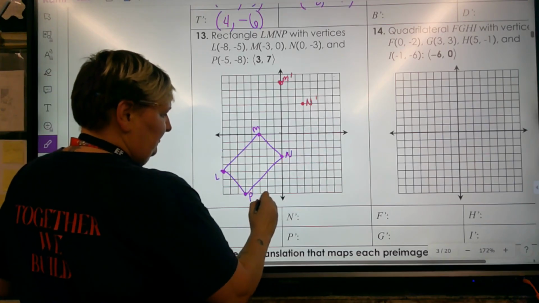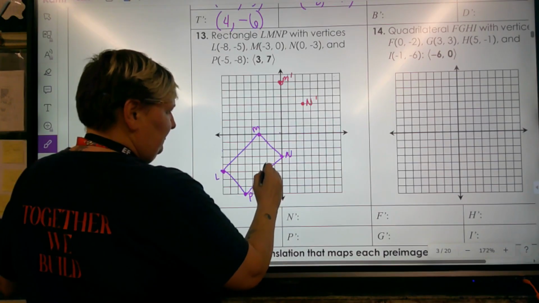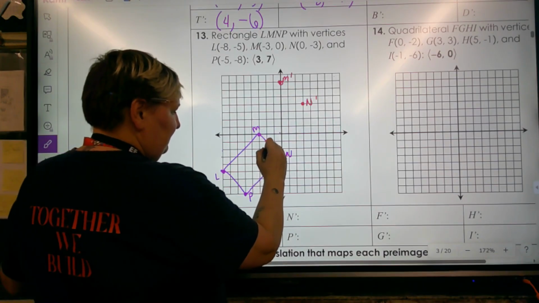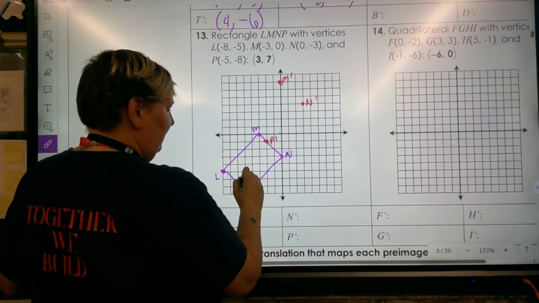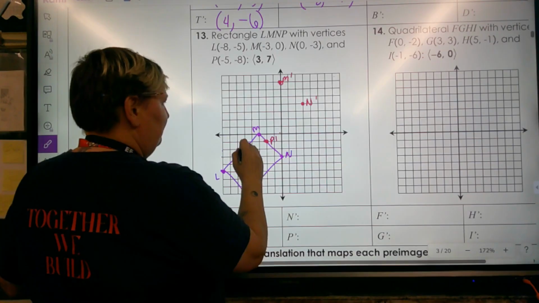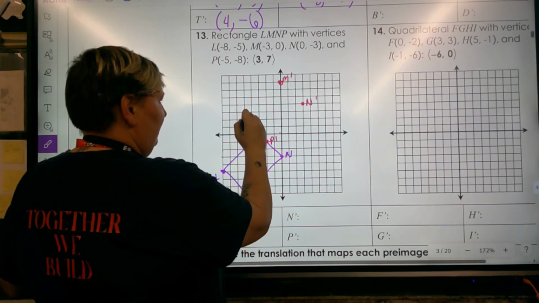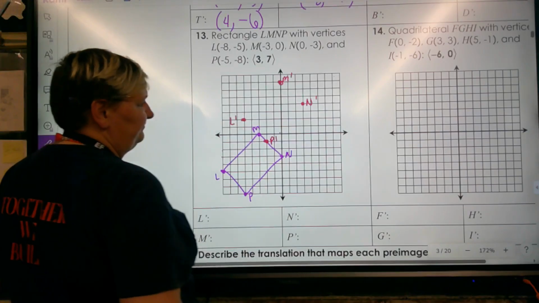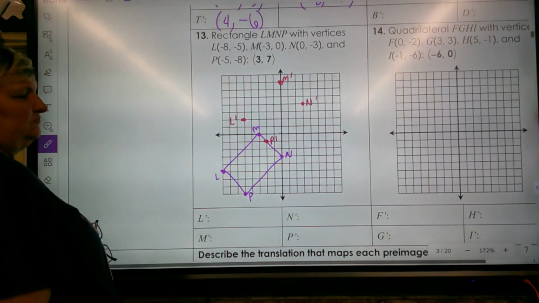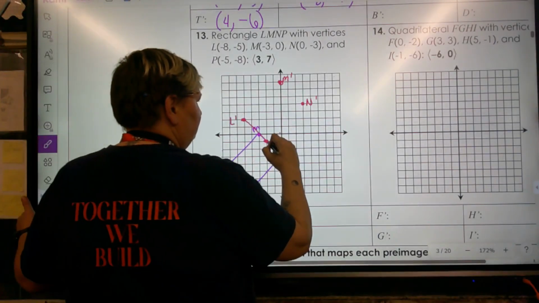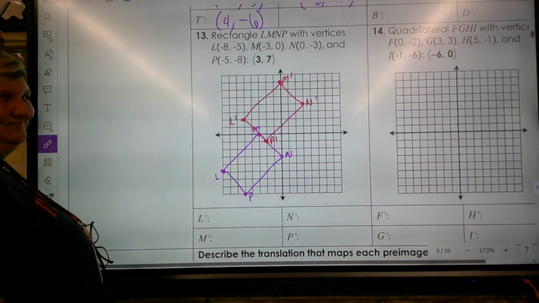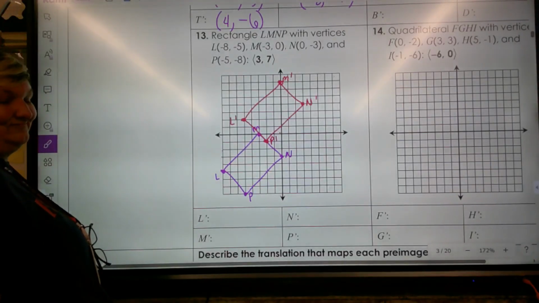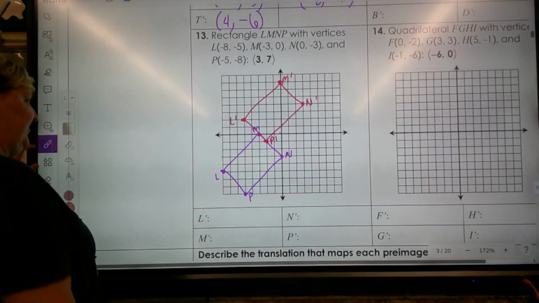Right 3, up 7. P prime. L prime. Now let's figure out the coordinates.